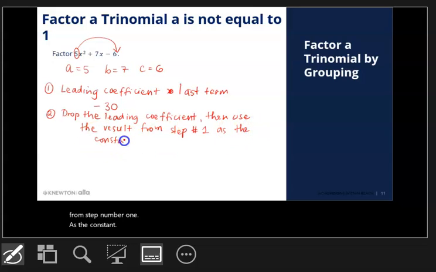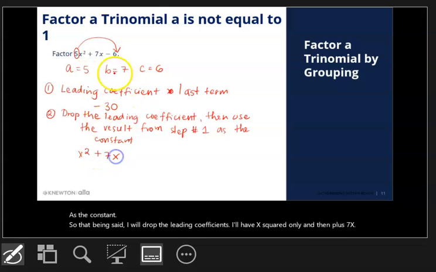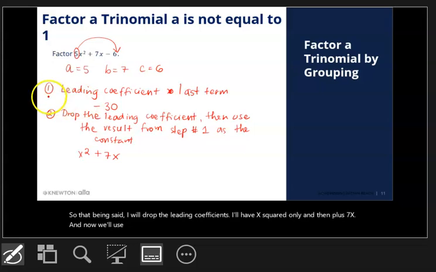So that being said, we'll drop the leading coefficient, so I'll have x squared only, and then plus 7x. And now we'll use the result from step number 1 as our constant. Now we have a new trinomial, x squared plus 7x minus 30.